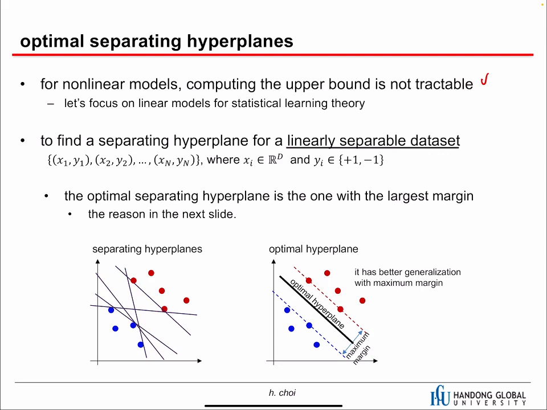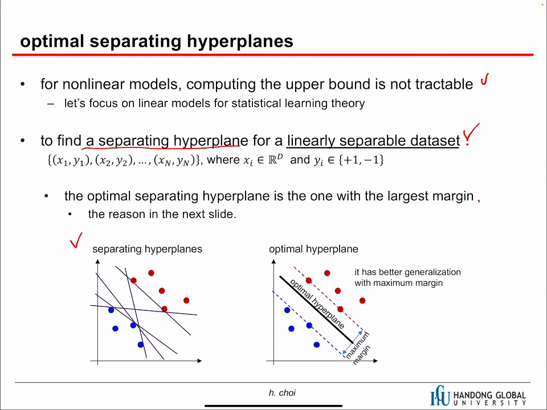To find the separating hyperplane for a linearly separable data set, we assume that the data set is linearly separable. Then the optimal separating hyperplane is the one with the largest margin. Look at this one.